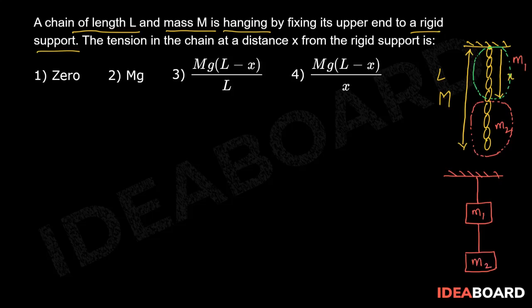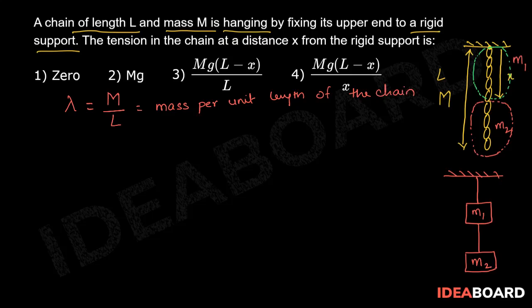Now to find m1 and m2, let us first calculate the linear mass density of the chain. Lambda is equal to capital M upon L. So this is mass per unit length of the chain.